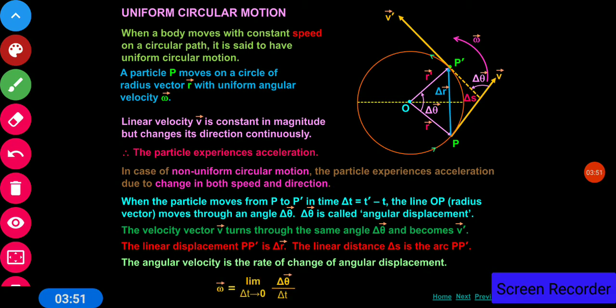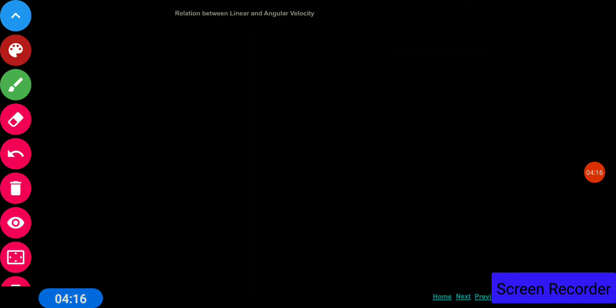So the instantaneous value is limit del t tends to 0 of del theta upon del t. Whenever we are discussing the instantaneous value, the term limit is added. So omega is equal to limit del t tends to 0 of del theta upon del t.